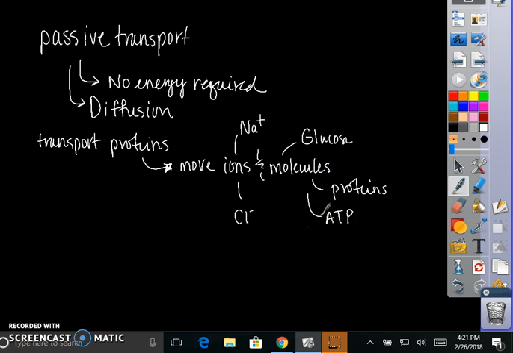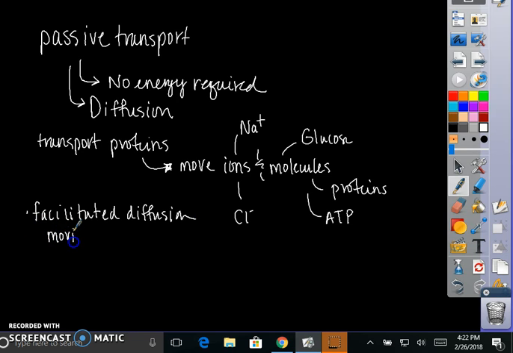All right, so there are types, or I want to call them divisions, of passive transport. And the first one, of course, is facilitated diffusion. And so facilitated diffusion is, and I'm going to read the definition here, passive transport of materials across the plasma membrane with the aid of transport proteins.